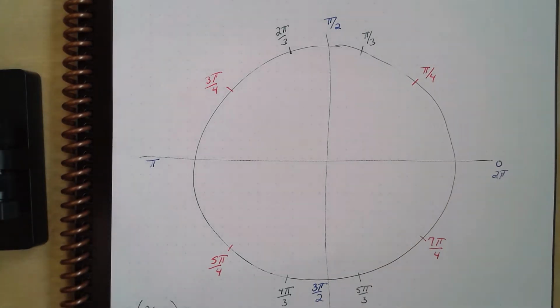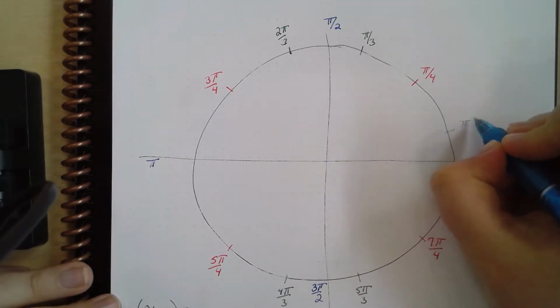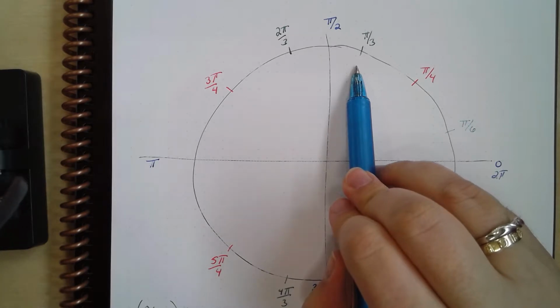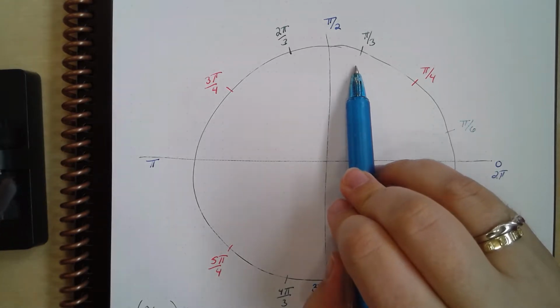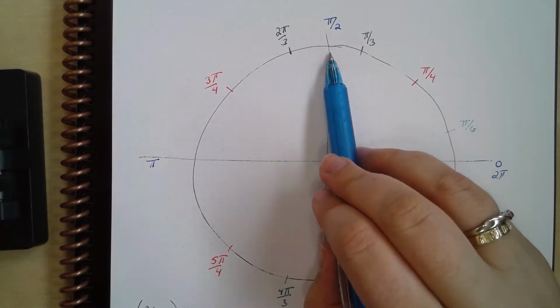We can also talk about, and I'll use light blue here, breaking this into sixths. So this would be pi over 6, 2 pi over 6, 3 pi over 6, would be here, right?